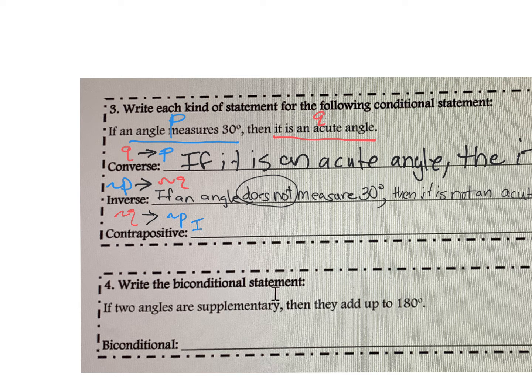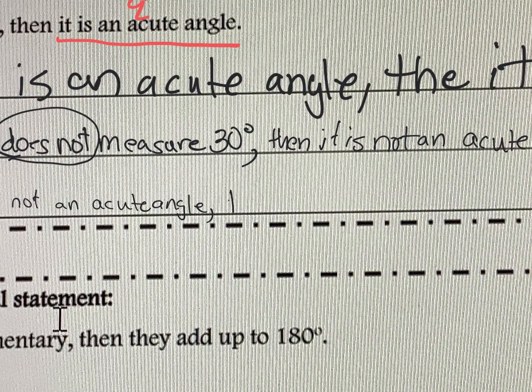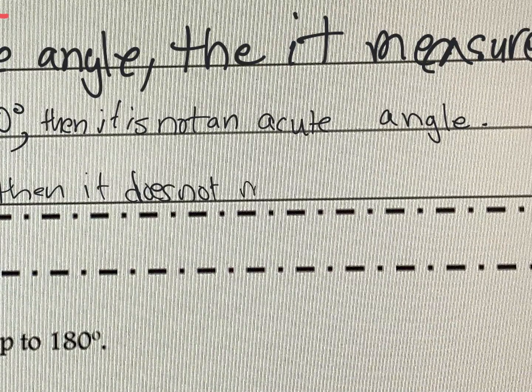If it is not an acute angle, then, now we're doing our P, it does not measure 30 degrees.